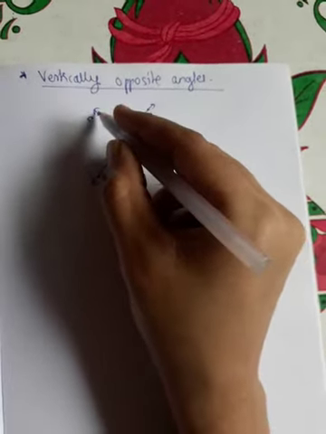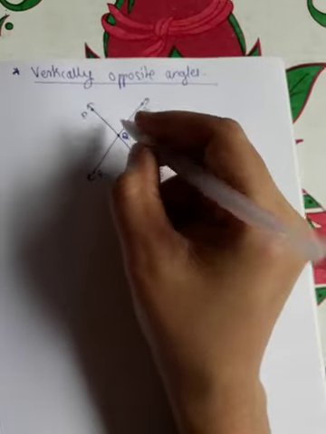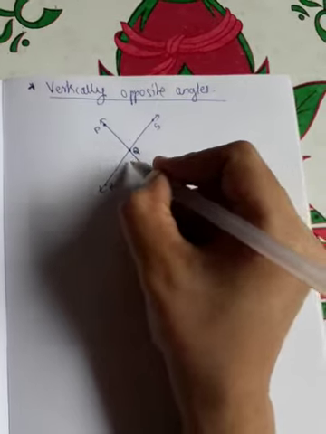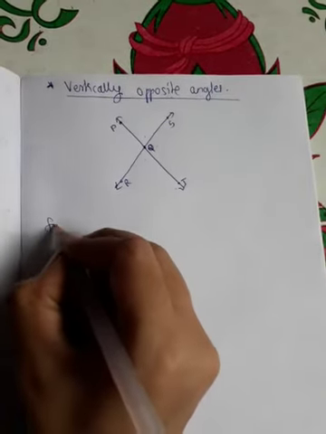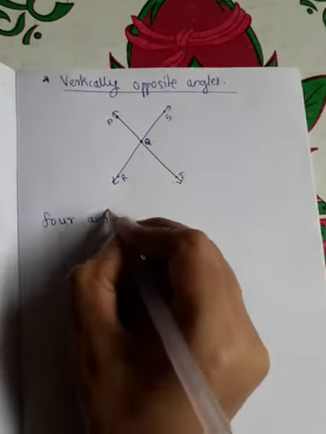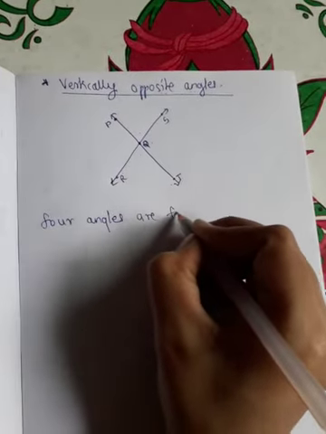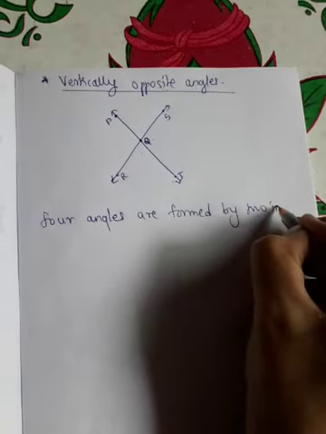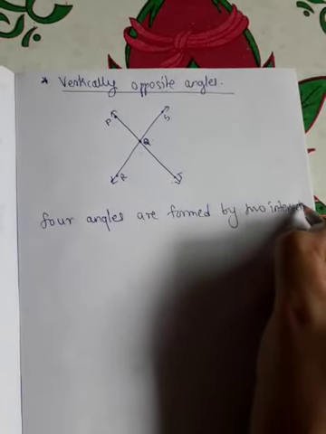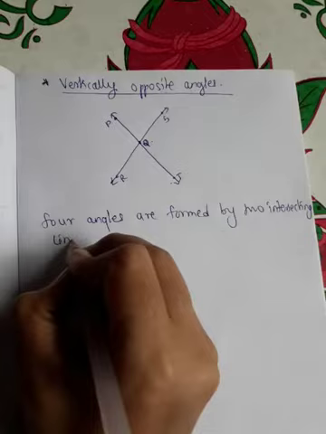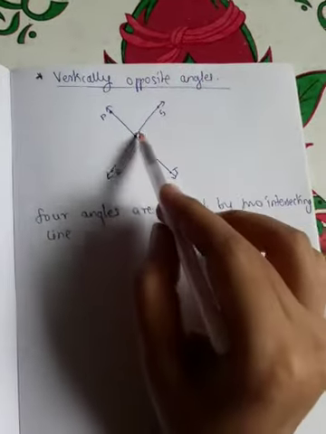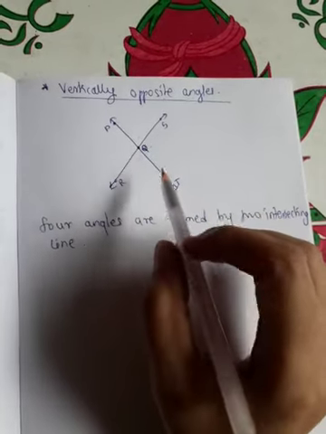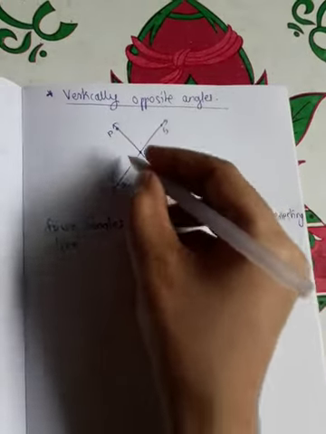Now see, how many angles do these two intersecting lines form? So here 1, 2, 3 and 4. There are four angles formed by two intersecting lines. From the diagram you can see that.